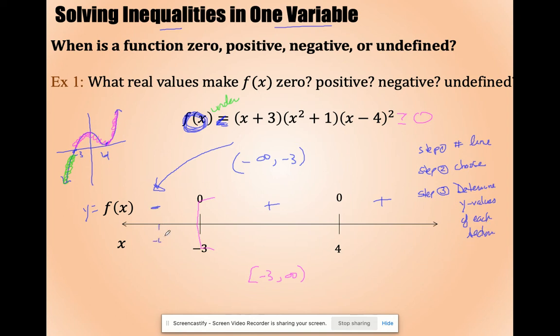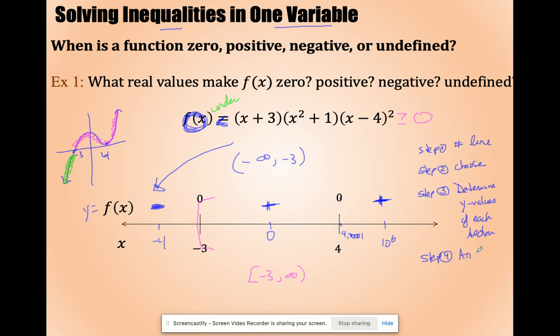We chose -4 and the y values were all negative. We chose 0, which meant that in this section, the y values would be all positive. We chose 1,000,000 and got a positive result, which means everybody to the right of 4 is positive. Even if you had chosen 4.00001, you would still get positive because you can't pass into the negatives without going through zero. That has to be so when you have continuity, which is why continuity is so important.